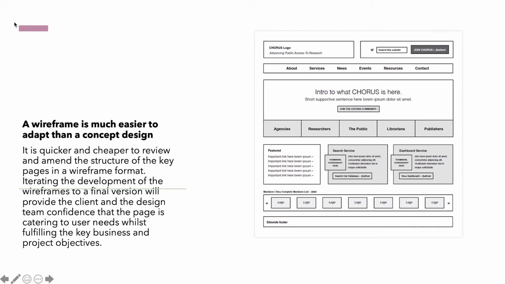So this way you can go through a set of design cycles to the final version a lot quicker, and this gives you confidence, and this gives the design team confidence, and gives the client confidence that this is going to be what they want, and it's fulfilling everybody's desires and objectives.